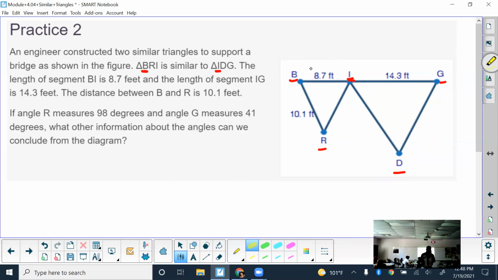So what angle does B correspond with on the other triangle? I, good. I'm just going to highlight it. Notice I is labeled twice, so it's referring to the bigger triangle. R corresponds with what?